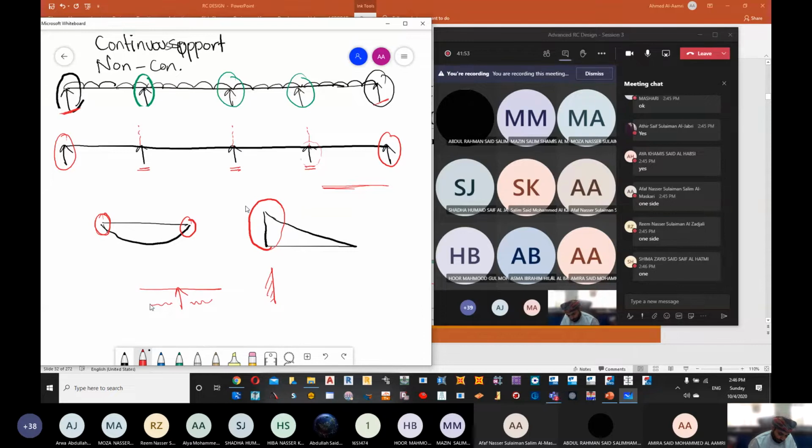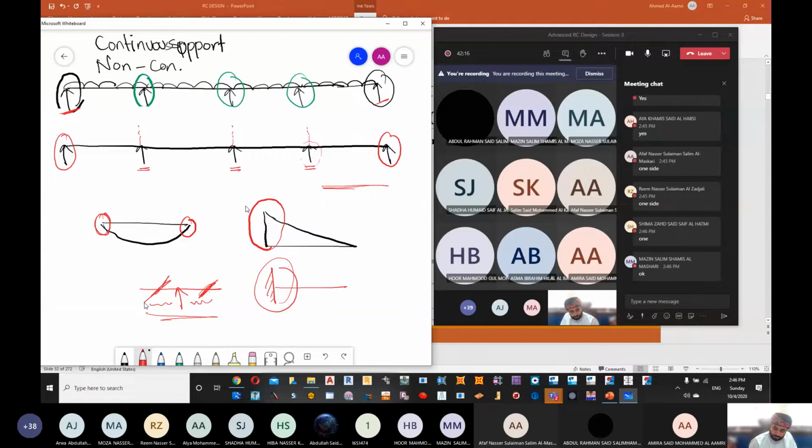Once again, we have two scenarios for continuous. Case number 1, where this is fixed only from one side. In this one, we have the first one connected with the second one, so two sides. Are we okay? Since it's connected in this portion, I'll just draw a small cantilever like this one.